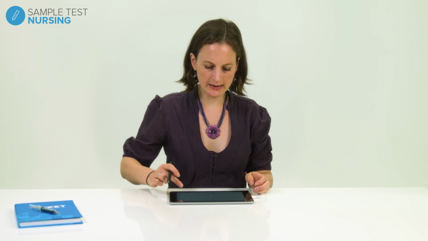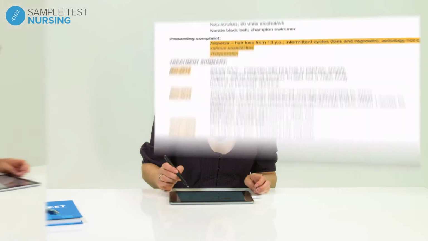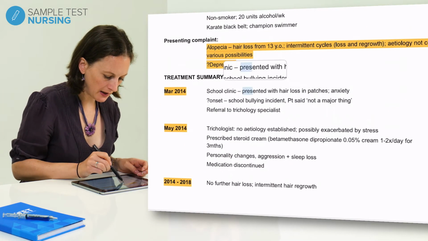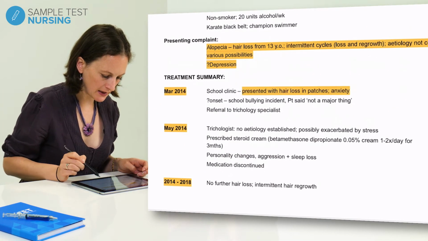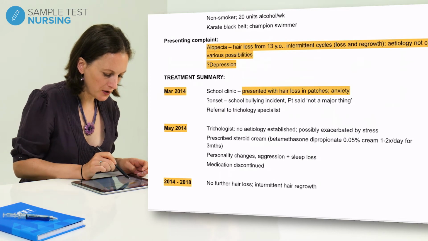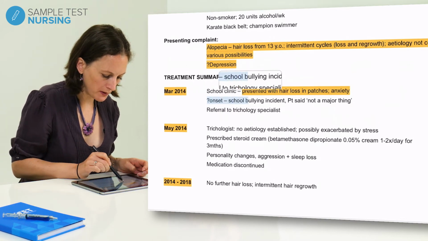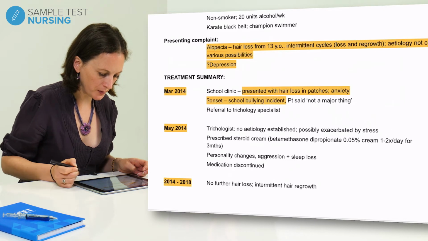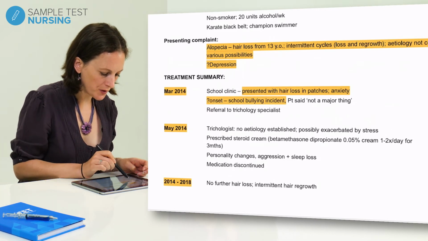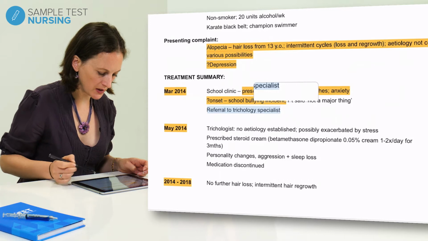Looking at each date in detail, and starting in March, I noticed that Jake presented with hair loss in patches and anxiety, and that the nurse makes a guess about what could be the cause of this as a possible school bullying incident. Also that she refers him to a trichology specialist.